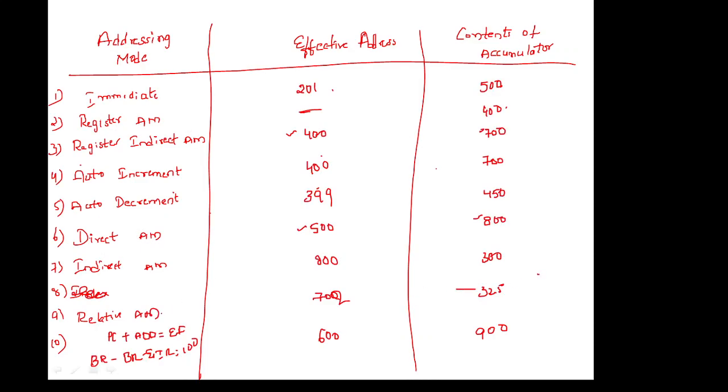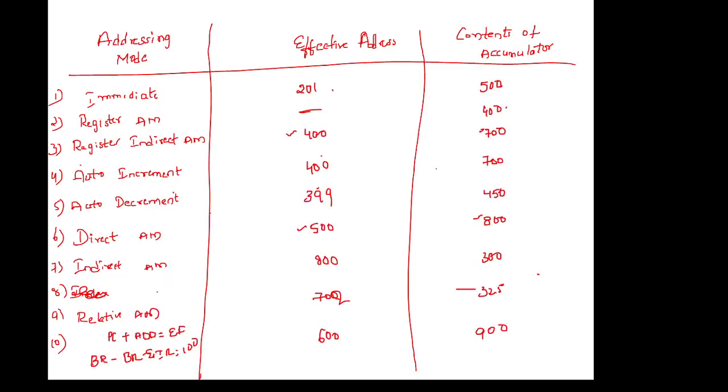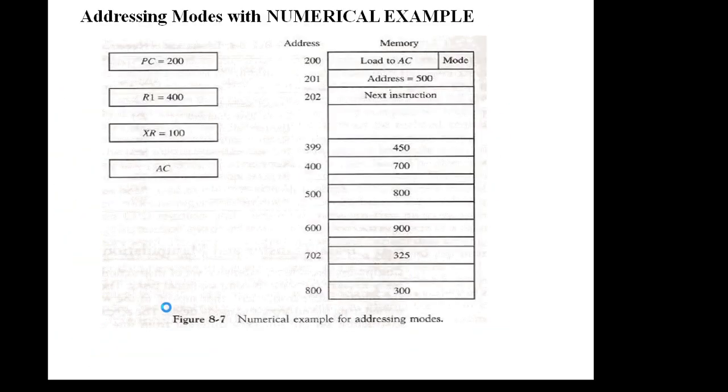And relative addressing mode. Here, program counter plus address gives the effective address. What is the value of the program counter? We have done with these two instructions, so now the value of the program counter is 202. We add this to the address part.